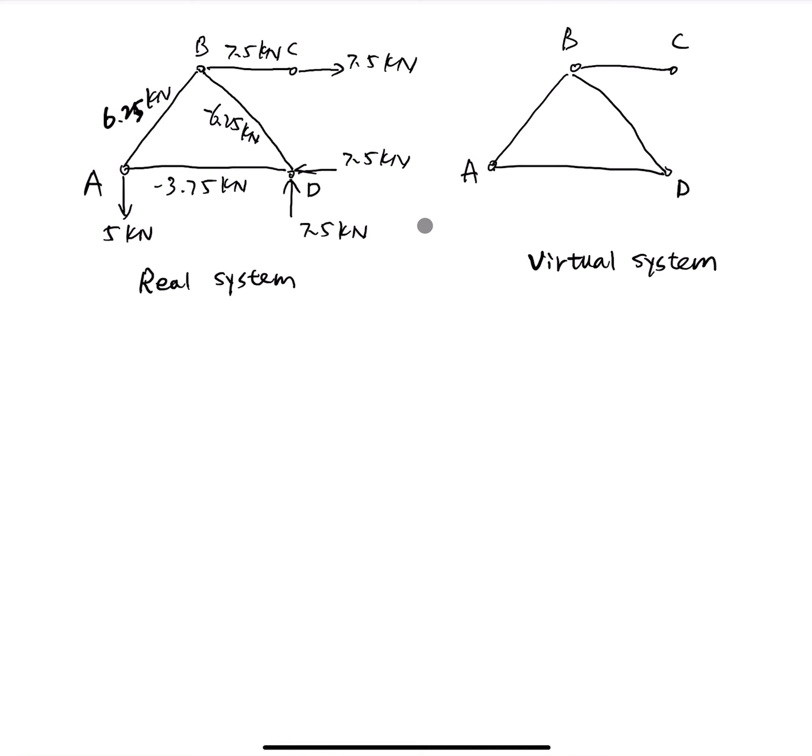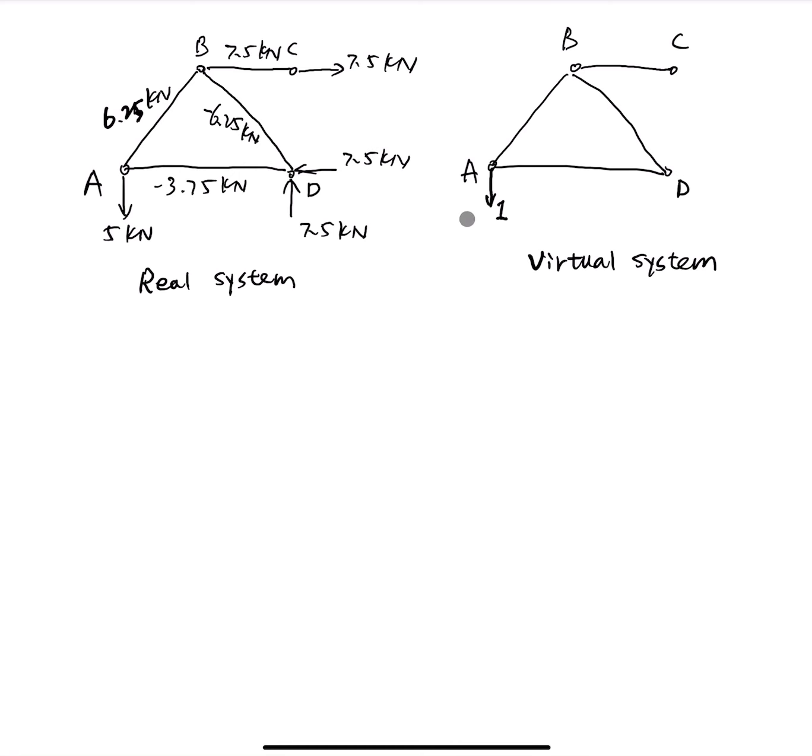need to apply a virtual unit load. So we see it is 1. We can put it as 1 kilonewton or 1, it doesn't matter. Then we need to work out the virtual member force of this virtual system. We can go through the same procedure to calculate the reaction force and then the member force.